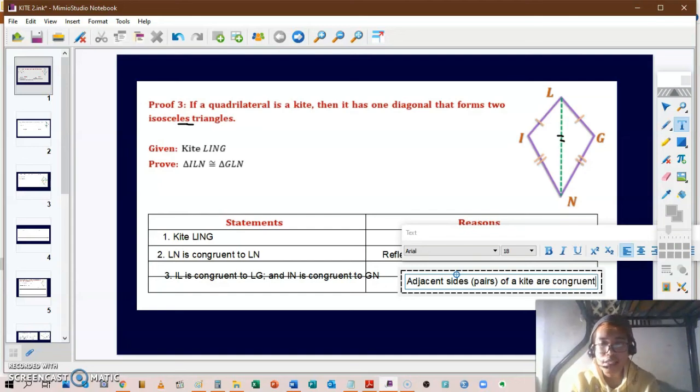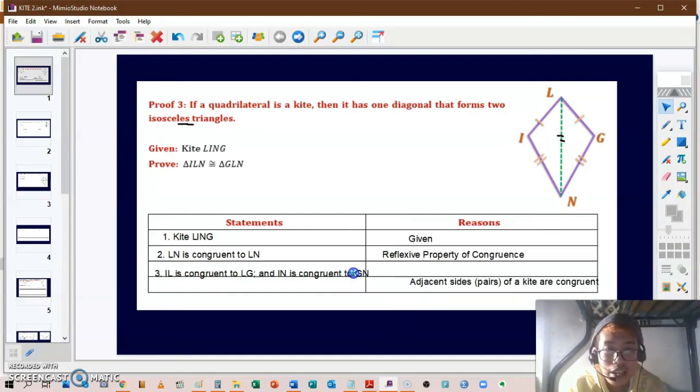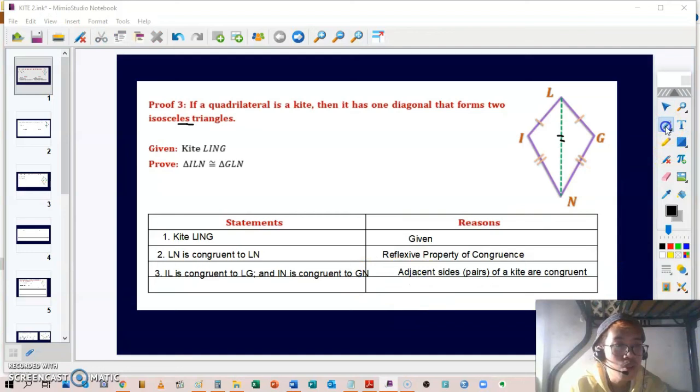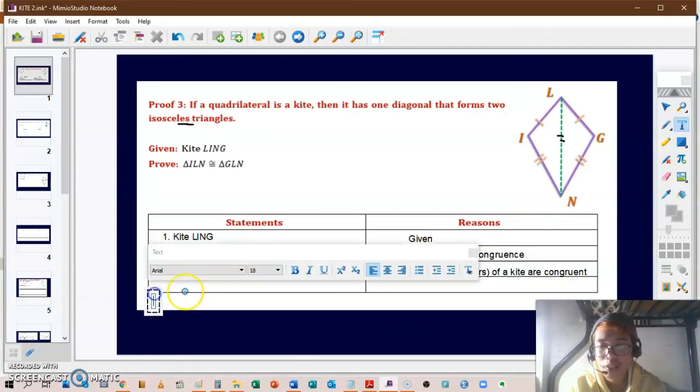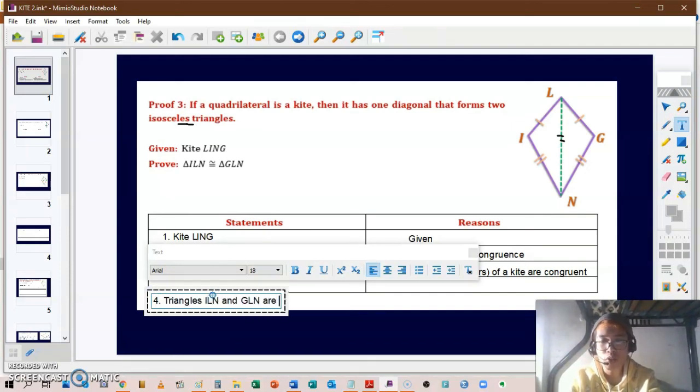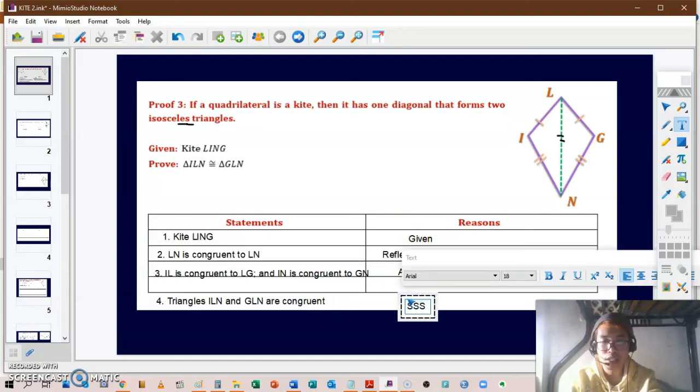And lastly, now we can say that those two triangles are congruent using the SSS, or side-side-side, triangle congruence postulate. So triangles ILN and GLN are congruent using SSS, the side-side-side triangle congruence postulate.